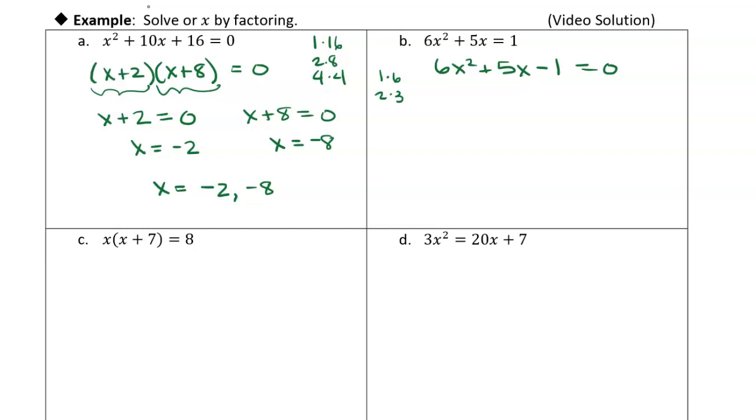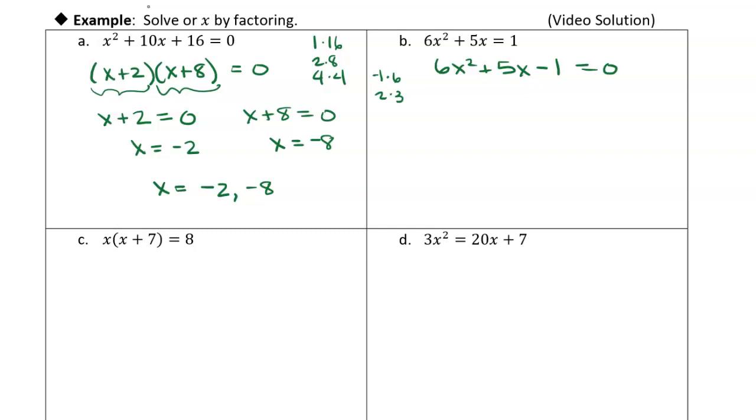So one of these two factors has to be negative. But I want the sum to be positive. If you look at this, minus 1 times 6 is minus 6, and the sum of minus 1 and 6 is plus 5. So those are the two factors that I want.